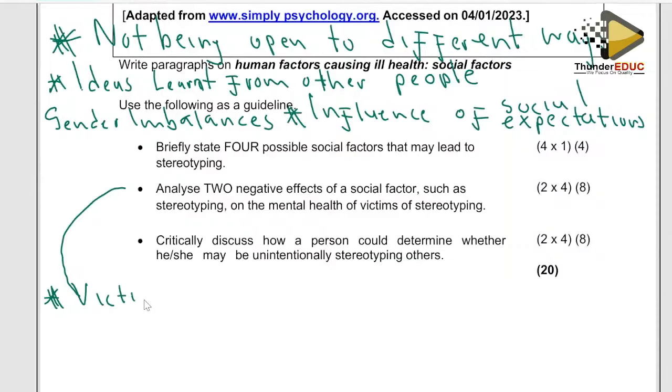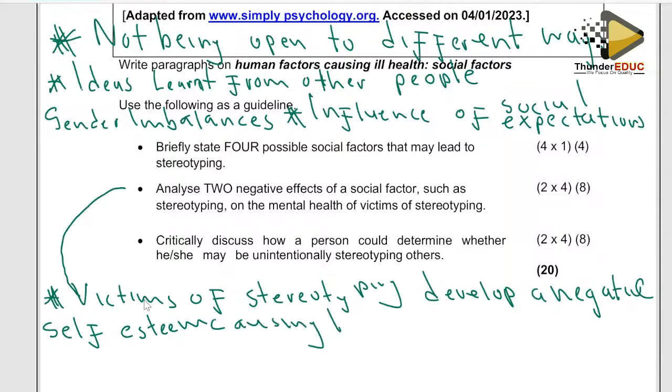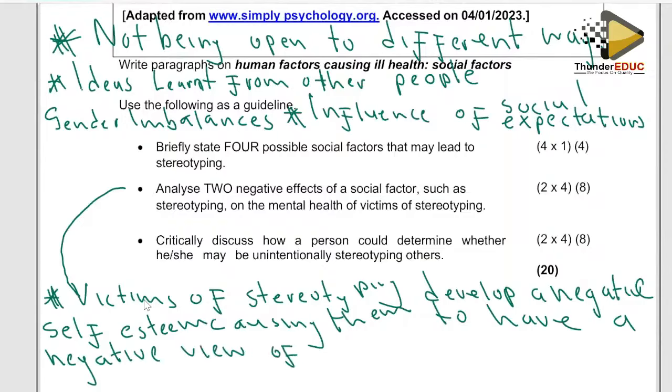So the first point we need to state is that victims of stereotyping develop a negative concept, they develop a negative self-esteem, causing them to have a negative view of themselves. They'll end up having a negative view of themselves.